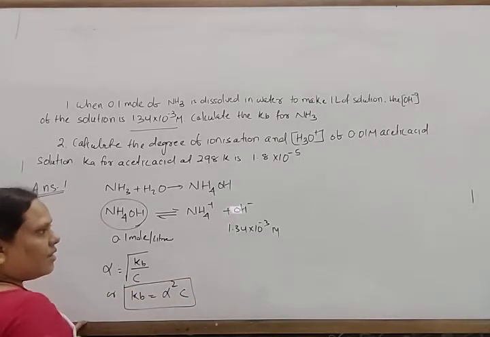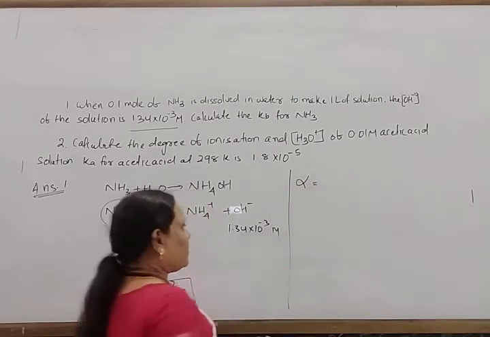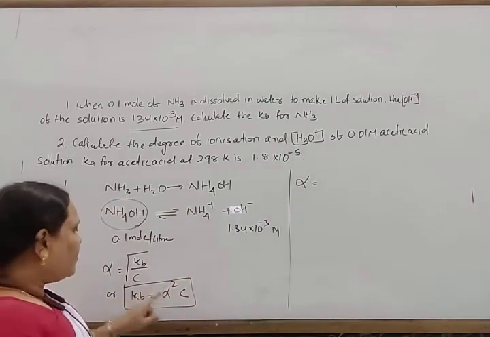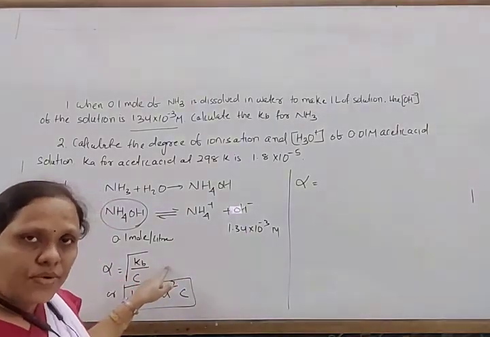Now find out what is alpha. We know alpha is equal to the number of moles split into ions divided by the total number of moles.